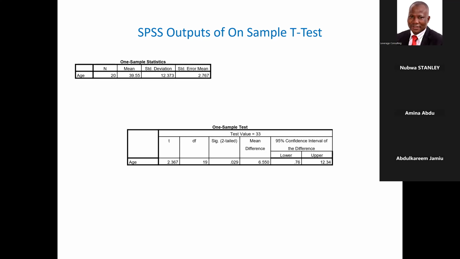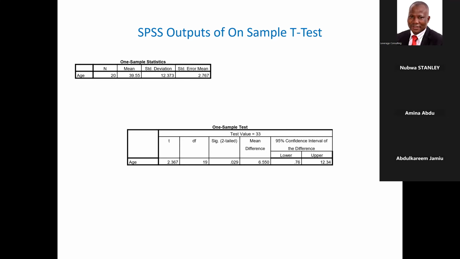Then if you look at the T, 2.367. The degree of freedom is 19, as you have seen, so 20 minus 1. And the only thing you cannot calculate by hand is the p-value. But the computer gives you the p-value, 0.029.